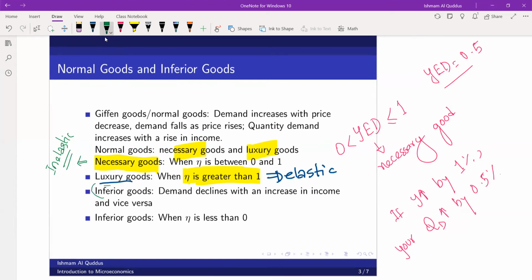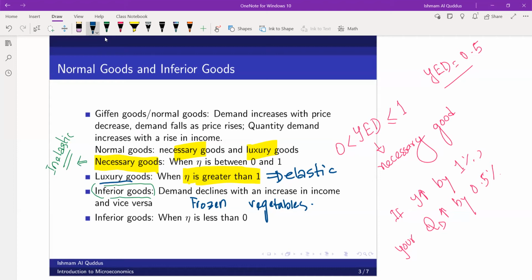This is an interesting concept, the inferior goods. Inferior goods are those goods for which, if there is an increase in income, the demand for that good will actually decrease. The quantity demand actually falls if there is an increase in income. An example could be frozen vegetables, because imagine that now you have more money in your hand, like you got a salary raise.